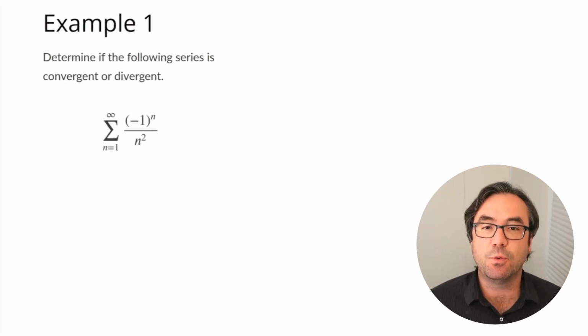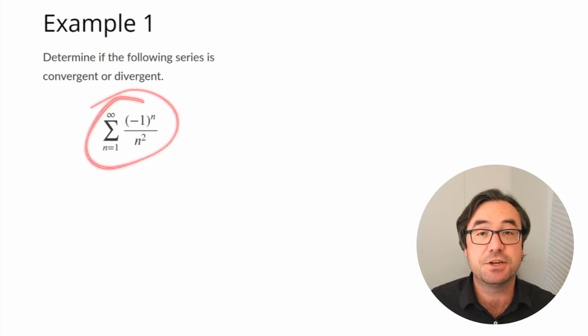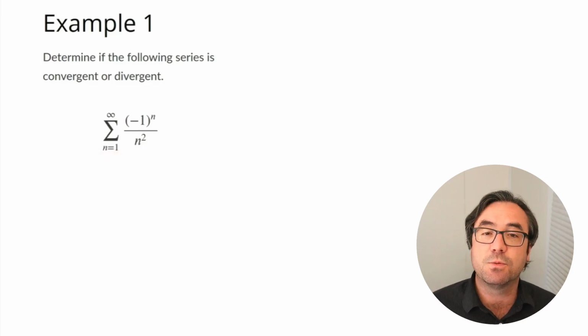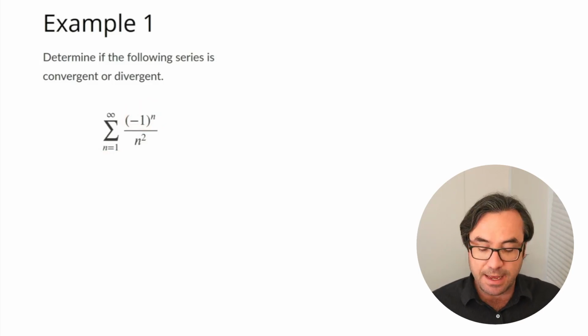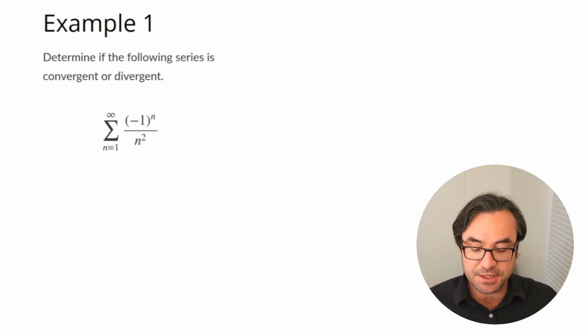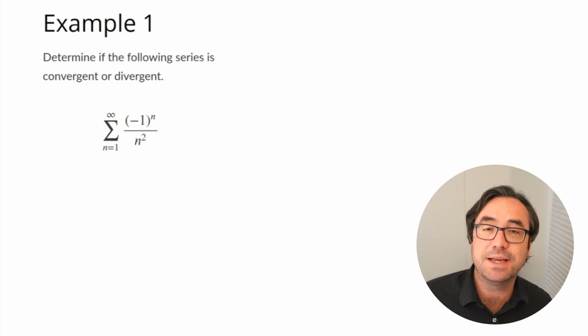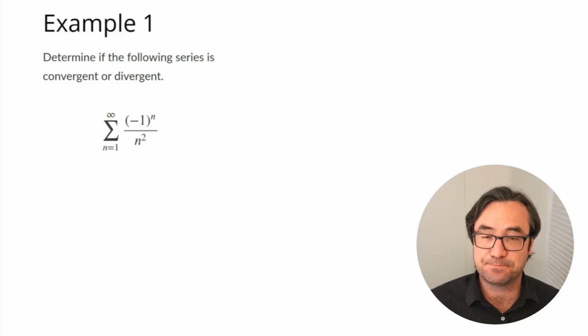So let's try an example. Let's look at example 1. Here we're going to determine if this series is convergent or divergent. The sum here is from n equals 1 to infinity of negative 1 raised to the power n over n squared. Well, we have that negative 1 raised to the power n, so some of the terms here are negative.